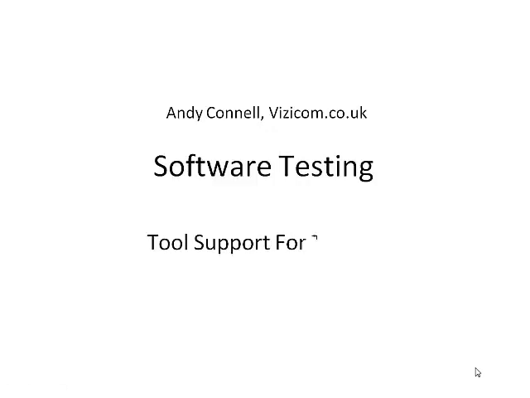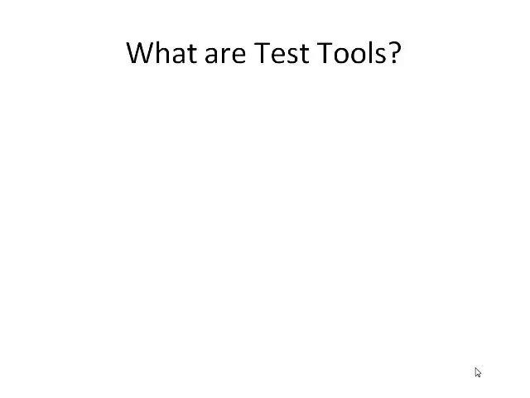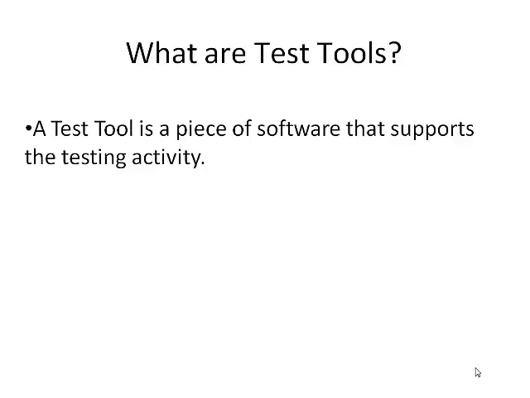This is the third screencast in a series of four where we're going to be focusing on software support for testing procedures. So if we look at what a software testing tool is, it's merely a piece of software which helps us establish that the system under investigation is indeed fit for purpose.